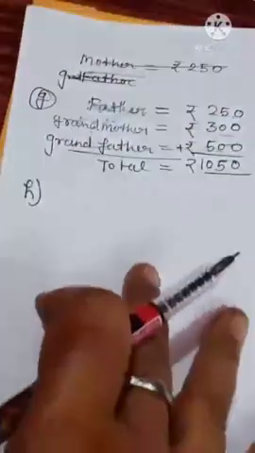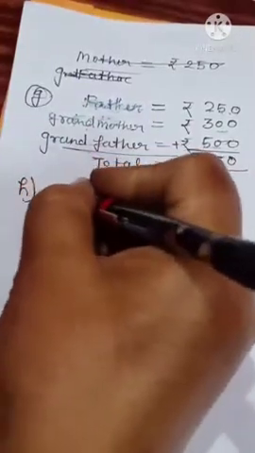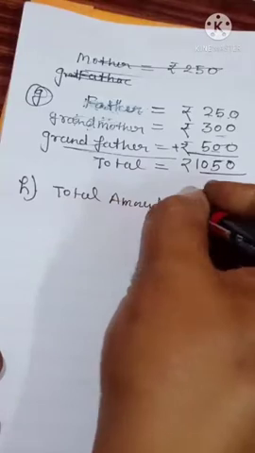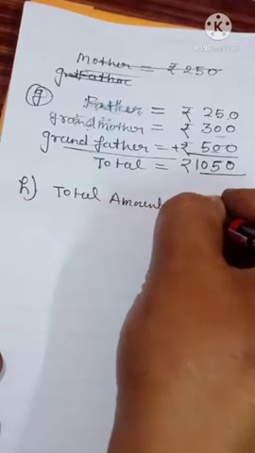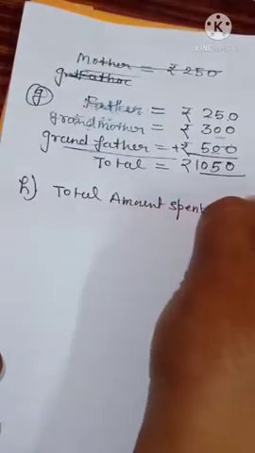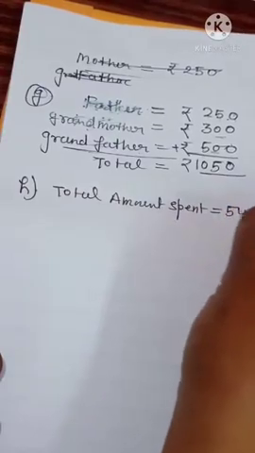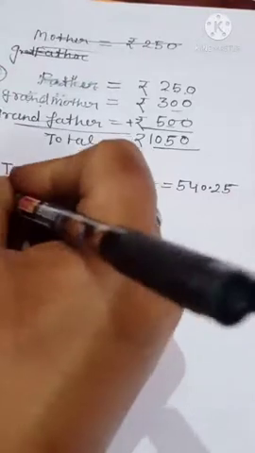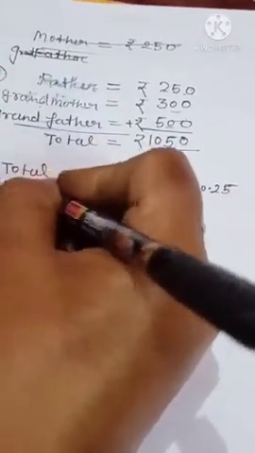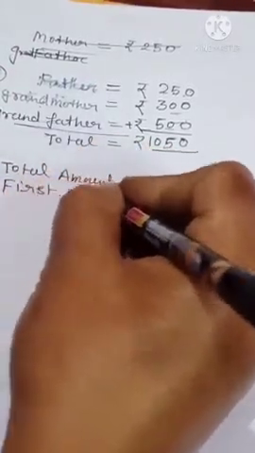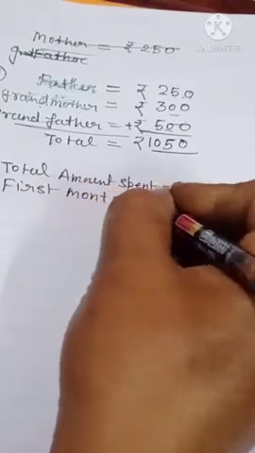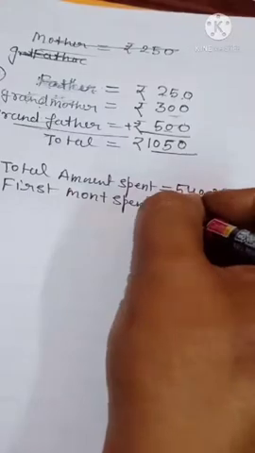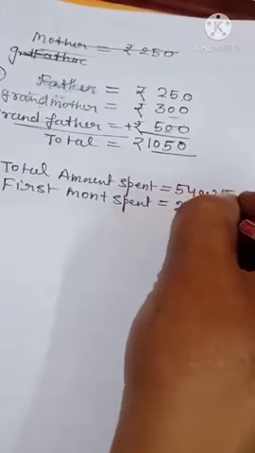It's just simple. Total amount spent is equal to 540.25. First month spent is equal to how much? 225.00.